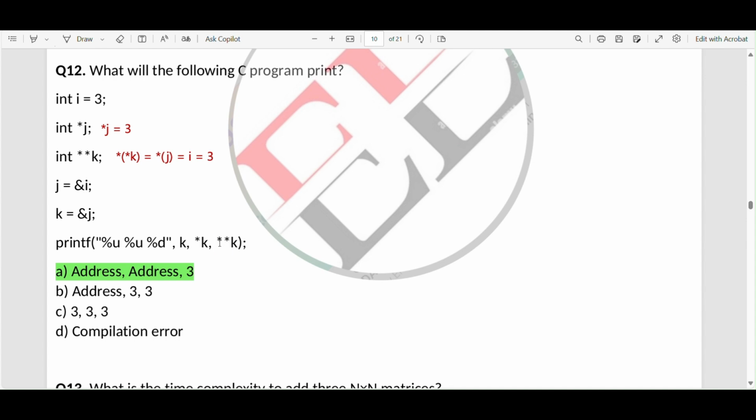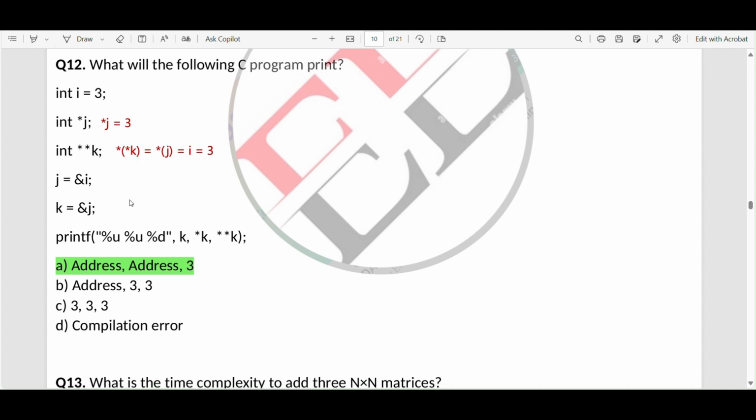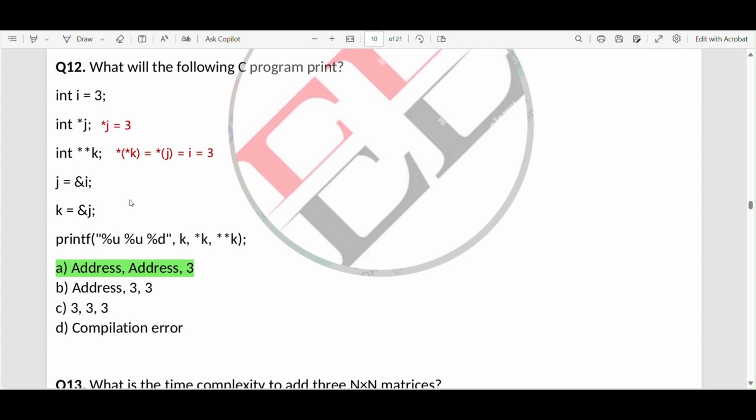So in the last one we have value at k. What is the value of value at k? We have already calculated it. It is 3. So 3 would be the correct answer. And address 3 will be printing, and it will be the output of that C program.